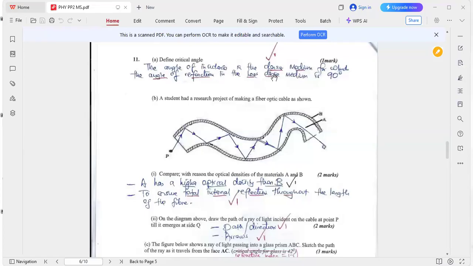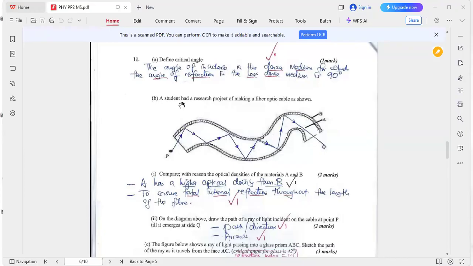Angle of incidence in the optically denser medium whose angle of refraction in the optically less dense medium is 90 degrees. So that is the critical angle C.